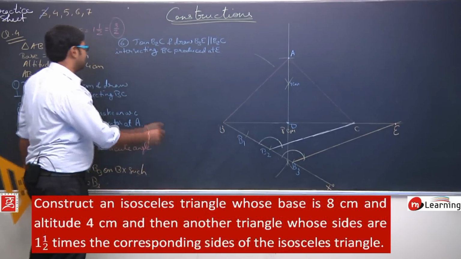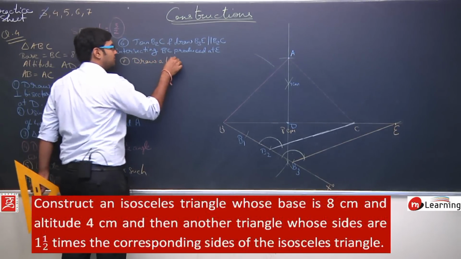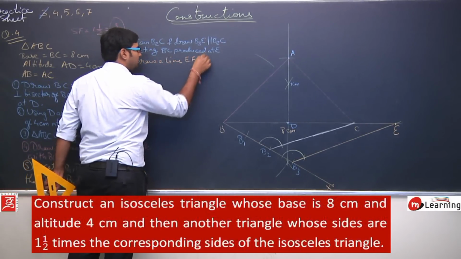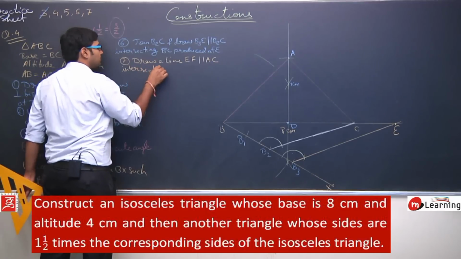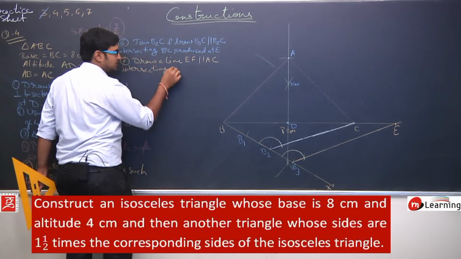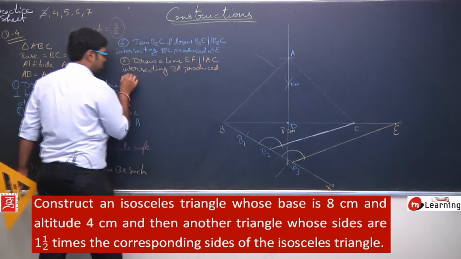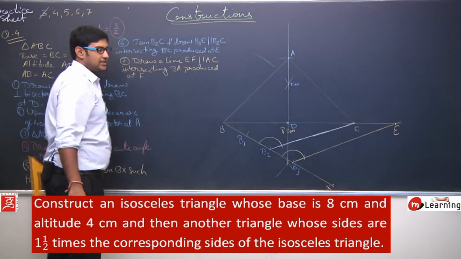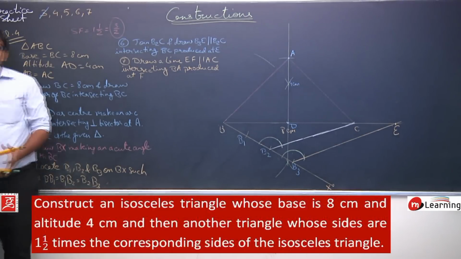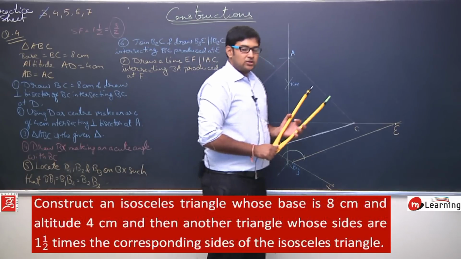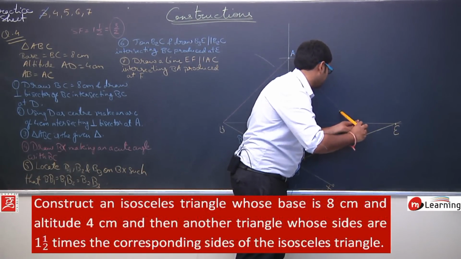Okay. Now what is the next step? Draw a line EF parallel to AC intersecting this BA produced at F. Okay, it is intersecting BA produced at F. So it means I have to draw a parallel line from this point E. So first I will make an arc using this C as the center.